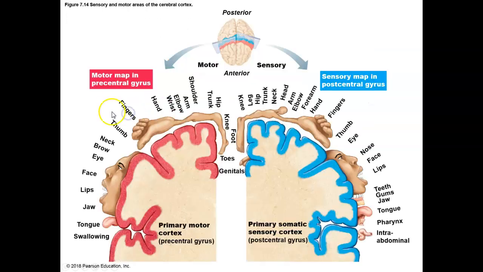Okay. Here's your motor homunculus. Over here we looked at the sensory one, and now we're looking over here. Again, the motor homunculus shows that the majority of the information sent from sensory information to the motor region for response is in our face and our hands.